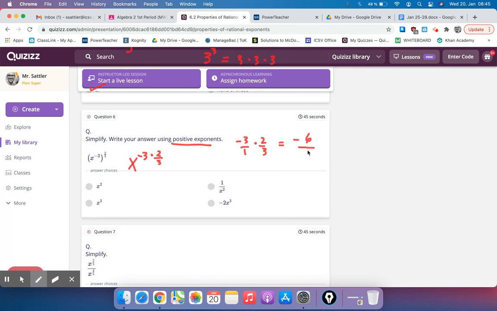And 1 times 3 is 3, and then we simplify, that's -2. So that's our power. So we have x to the -2, but I want you to write that using a positive exponent. And so if I think of this as a fraction already, the way to get rid of this negative exponent is to flip everything around, and then it becomes positive. So there we go, 1 over x squared.